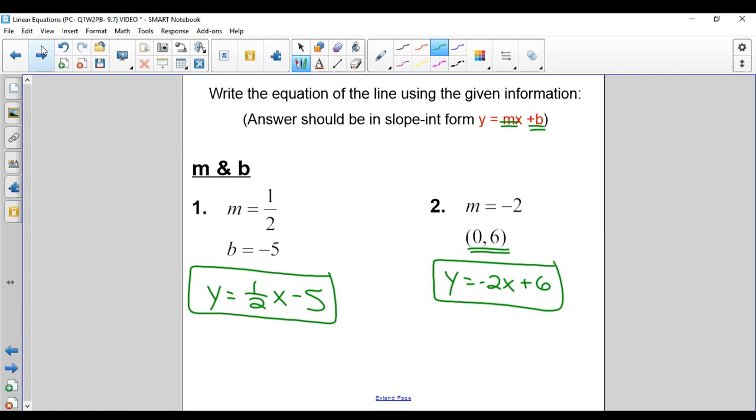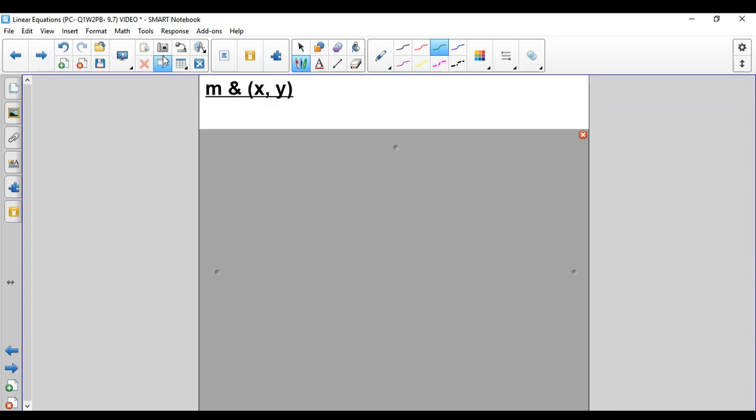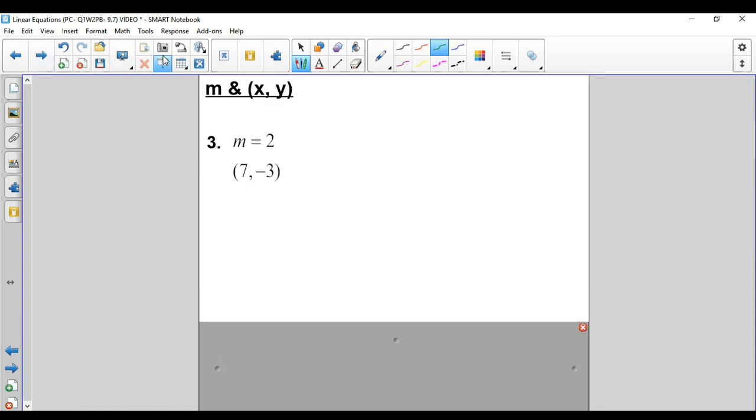Now, you're not always going to be given that information. So we move forward. This one we have M, our slope, and some random point on the line. It's nothing special about it. So I'm going to show you two ways to go about this. So we have M, we have X and Y. We can go ahead and plug this into slope-intercept form in order to figure this out.